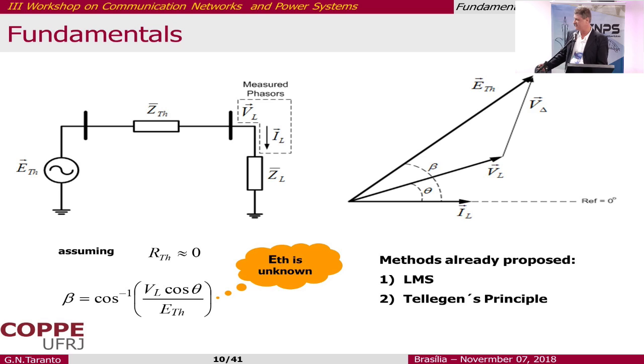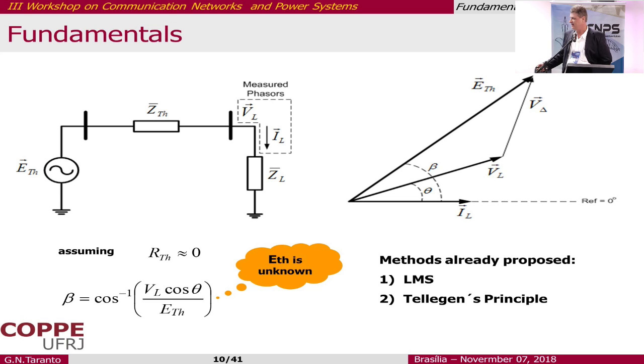You know here in this phasor diagram the magnitude of the current. You know also the angle, but you can put the current, for instance, as a reference, so it doesn't matter. You know the magnitude of the voltage and the angle theta. You know theta because you are measuring the phase.